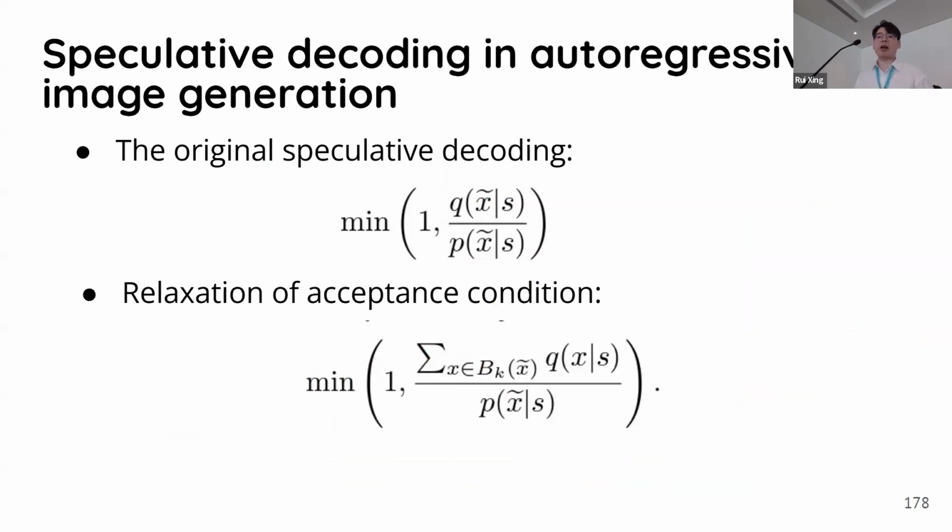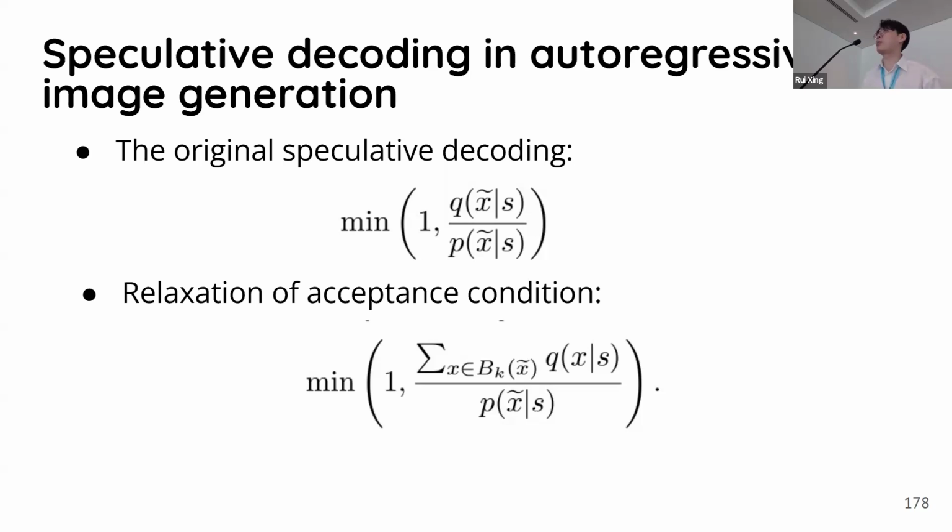Based on the above findings, the solution is obvious, right? With this formula, the original speculative decoding can be formulated as follows. P is the draft model and Q is the target model.